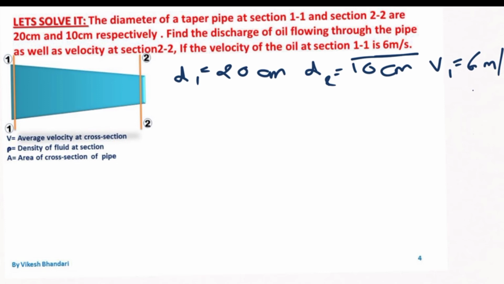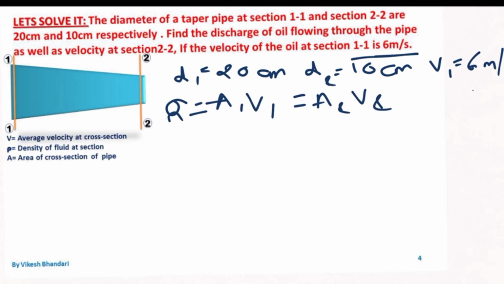This is the data given. Next, I need to calculate Q. Q is A1 V1, which is equal to A2 V2. This formula we need to apply.